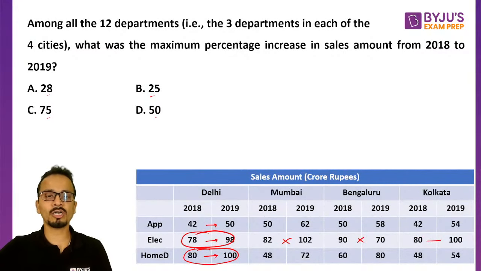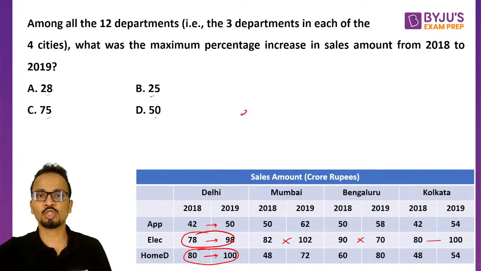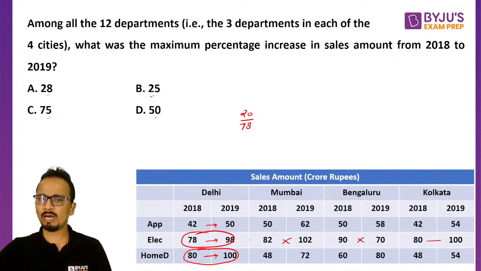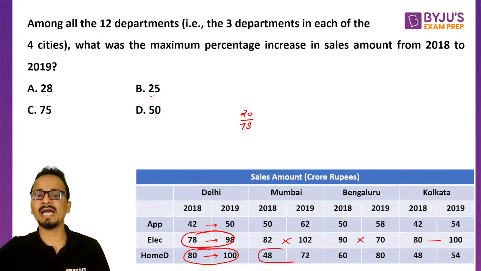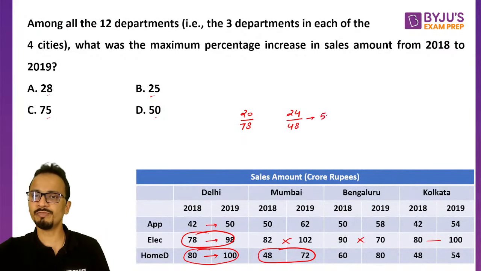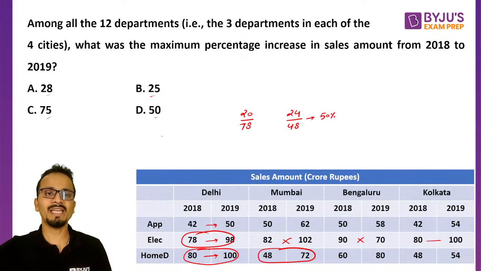So I have already got more than 25%, that is 20 upon 78. Okay. Now, is there any case which is more than 25%? Yes, I have one case, 48 to 72. So 48 to 72, there is an increase of 24 over 48, and this will be equal to 50% increase. So my next reference will be 50%.